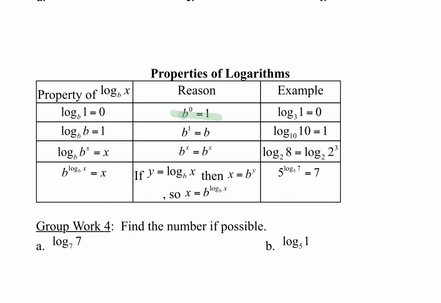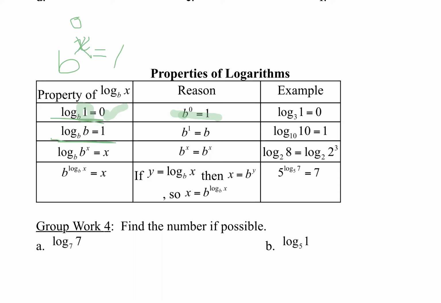Therefore, if you have a log where the domain is 1, you're getting out a 0. So log base 3 of 1 is 0, because this is saying b to the what gives you 1, and the only way to do that is if that's a 0. So that's the first property of logs.